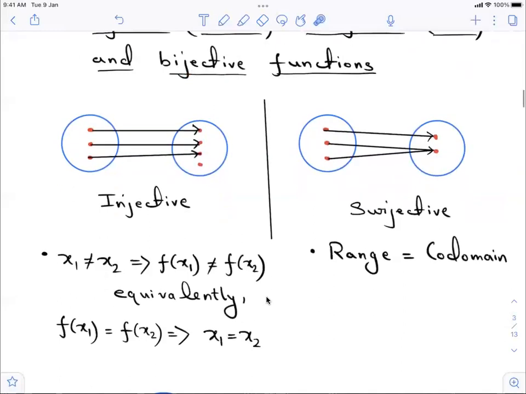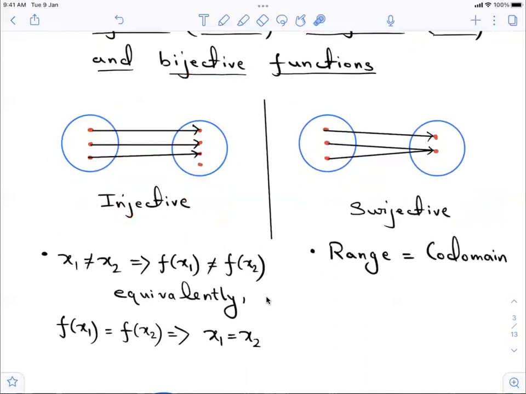A typical example of an injective function is this particular picture. What is an injective function? Two different inputs cannot have the same output. So two different inputs will have two different outputs. That's what an injective function is.